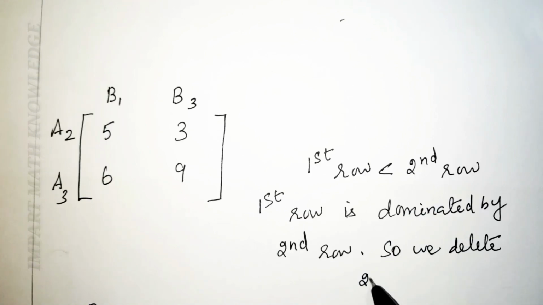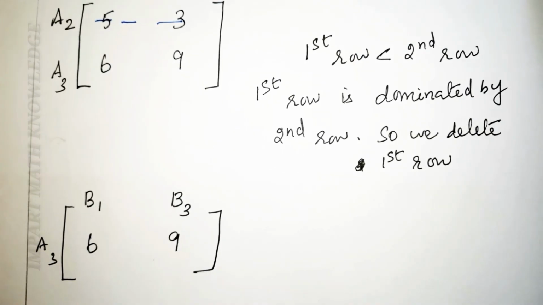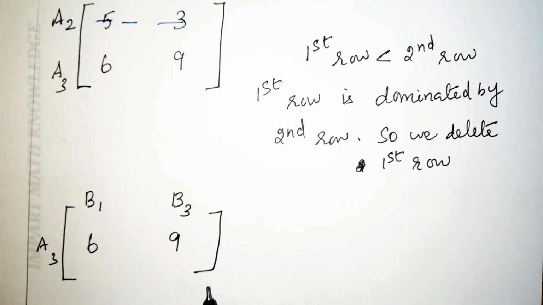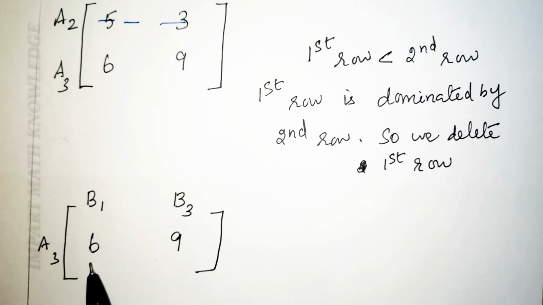So we delete the first row. This is the reduced matrix. In this case we have two columns. Now the first column is less than the second column. So the second column is dominated by the first column. So we have to delete the second column.